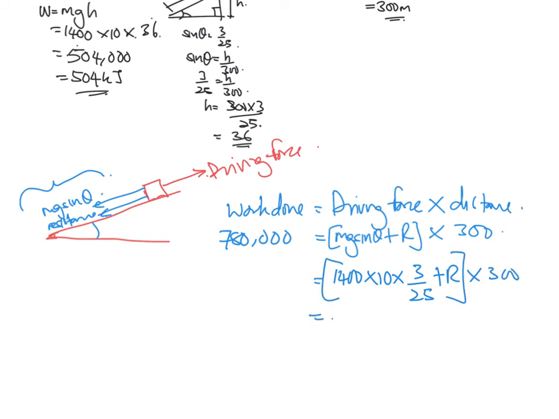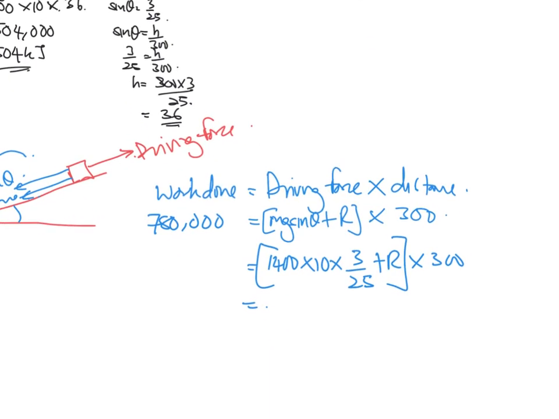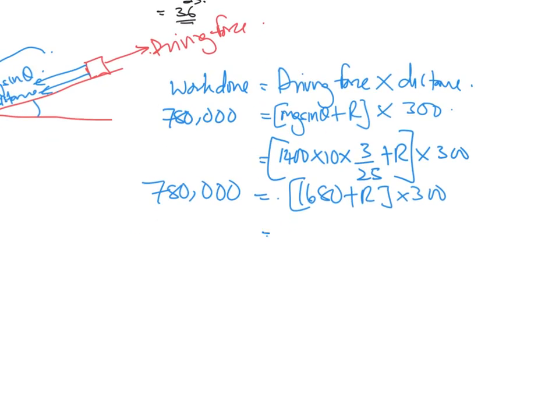So I have 1400 times 10 times 3/25, which we already got, 1680. So 1680 plus R, multiplied by 300, and the answer is 780,000. Therefore, if I want to find the resistance, I divide 780,000 by 300.